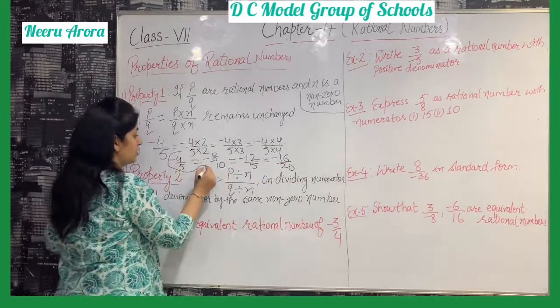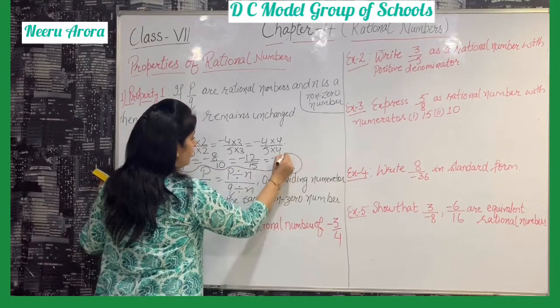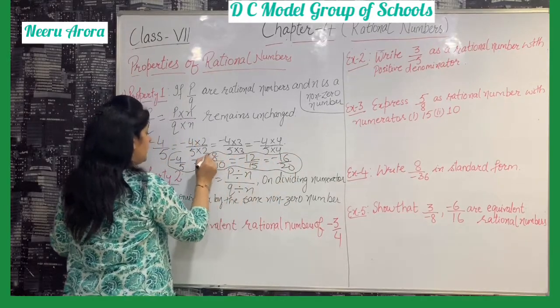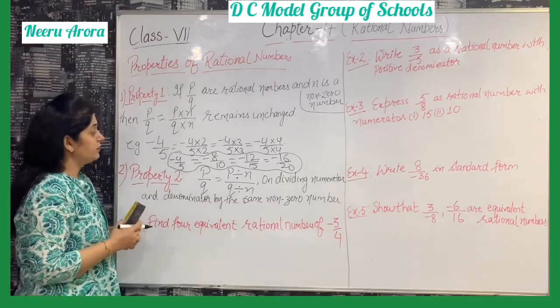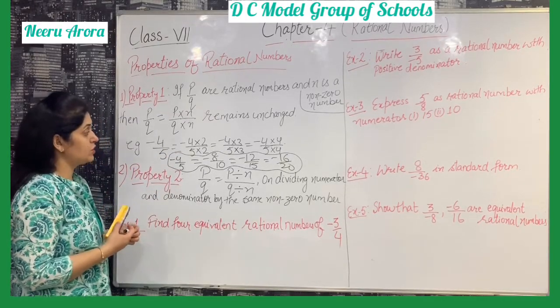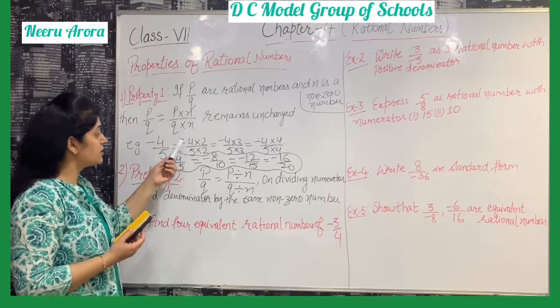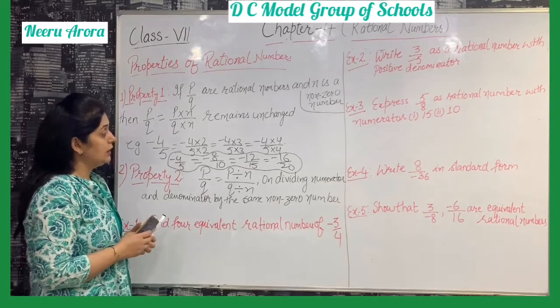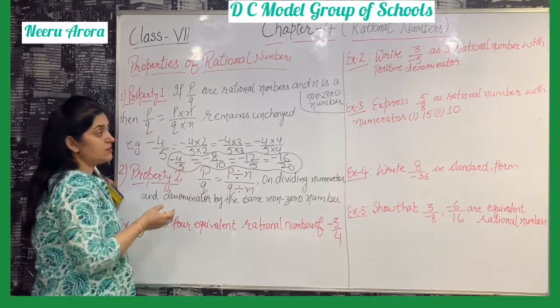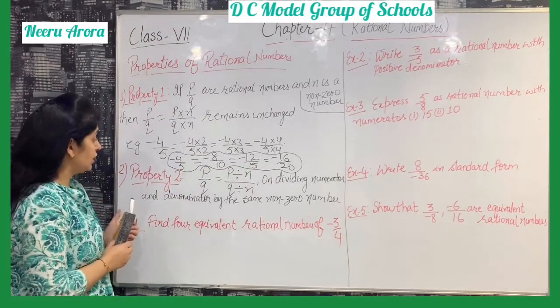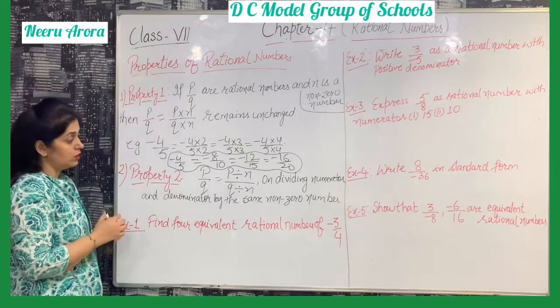In all these rational numbers, we have multiplied by the same non-zero number, so whatever rational number we get, it remains the same. Now next, property 2.